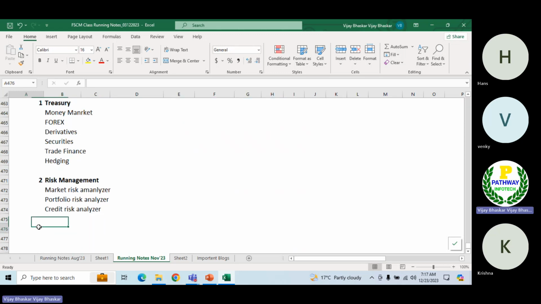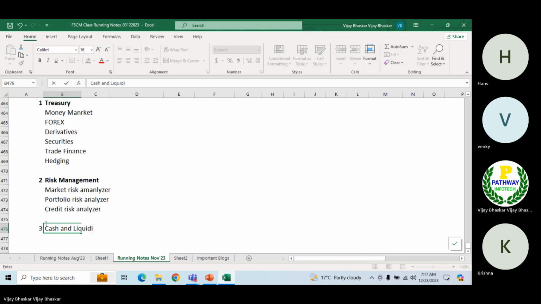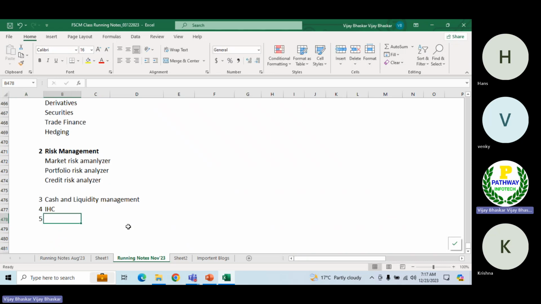It is also going to support cash and liquidity management. Then it is also going to support IHC, in-house cash management. Then it is also going to support BCM functionalities, bank communication management.